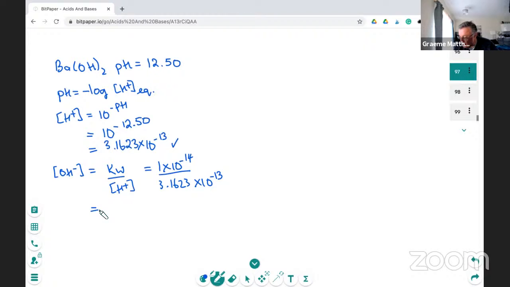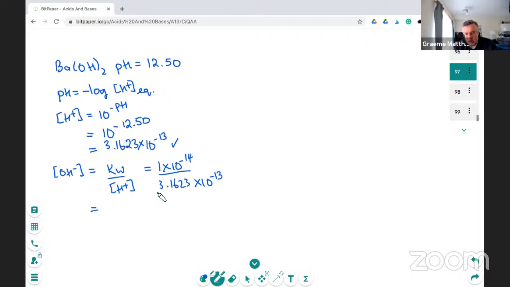So, oh, one extra parenthesis. So 1 second button, E to the minus 14. All right, this is my Kw divided by 3.1623, second button, E to the minus 13. No, I got it.